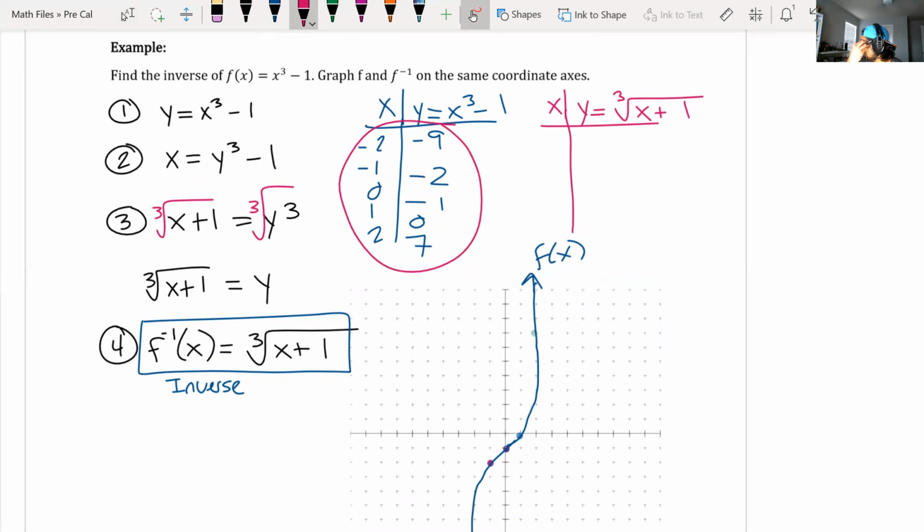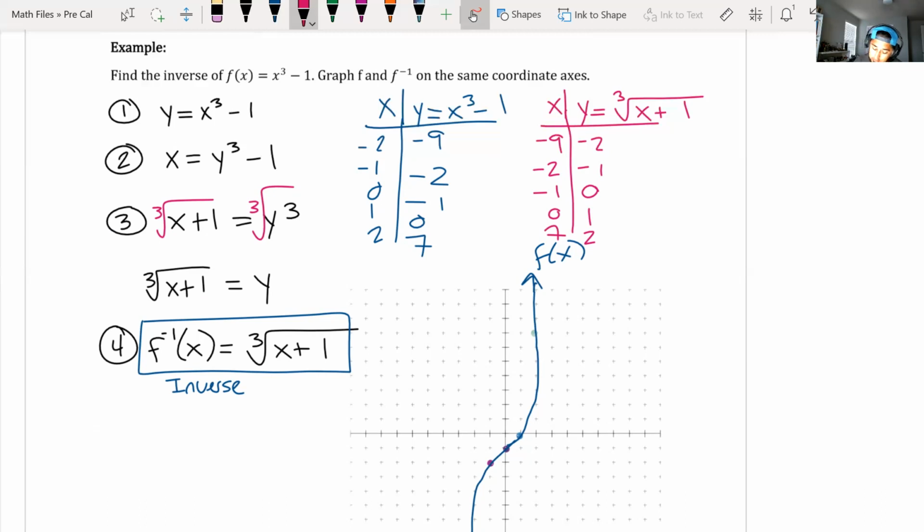I mean, we could cube root them, but what did I say about inverse and original functions? Your x and y's, you flip them. So this would be -9, -2; -2, -1; -1, 0; 0, 1; and 7, 2. So if you have the values for the original function, all you have to do is flip them.